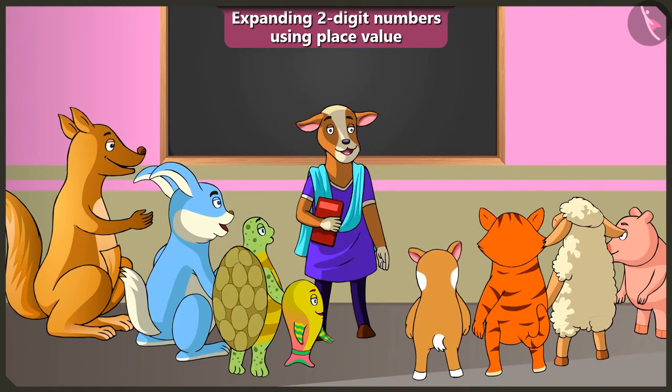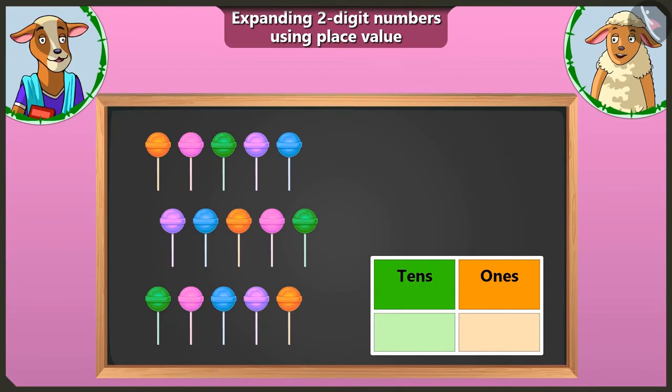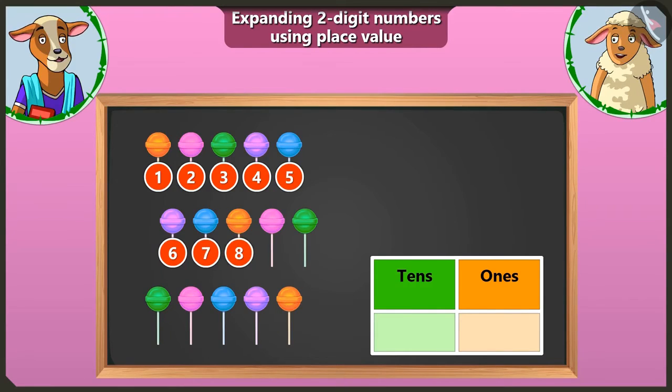Correct. But I will show you another way of writing it. Look, here is a lollipop. Let us make a bundle of 10 of these and write the number 1, 2, 3, 4, 5, 6, 7, 8, 9 and 10.